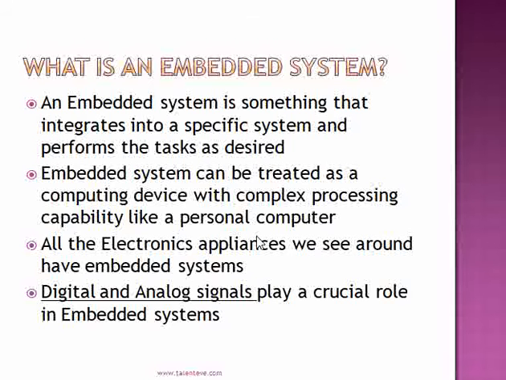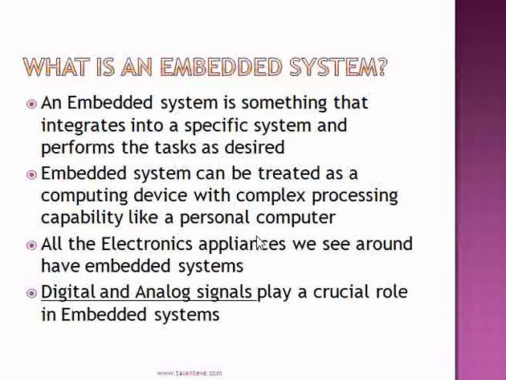So the appliances we use in our daily life, whether it be washing machine, microwave oven, smart TV, and then the mobile phone, tab, laptop, everything falls under the embedded system.